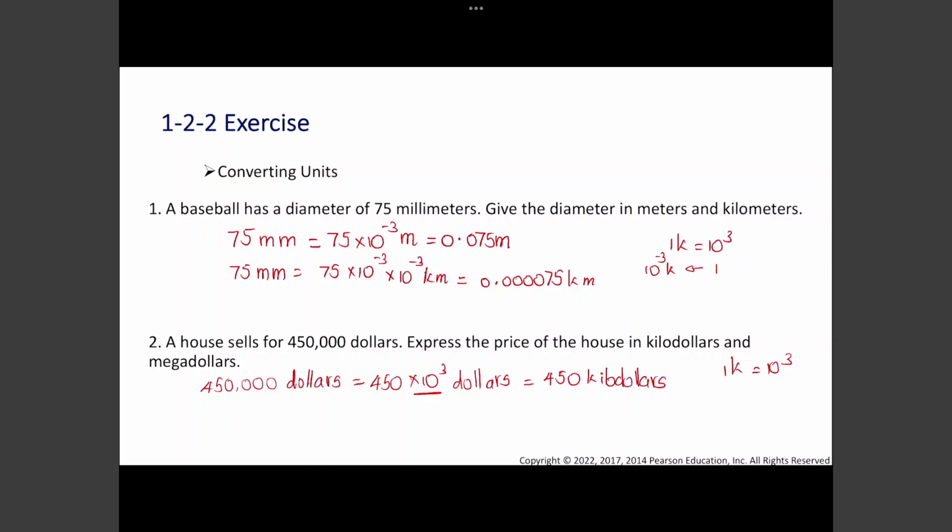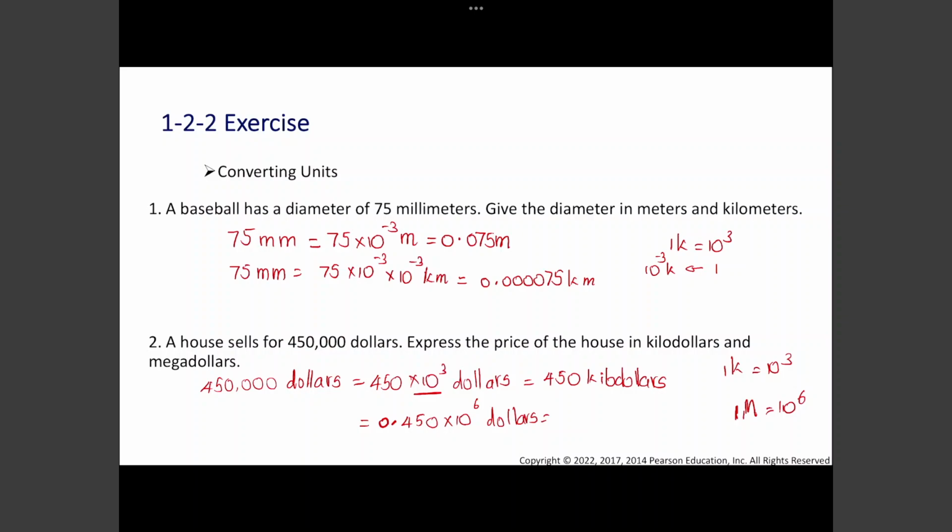Now we have to convert it into mega dollars. So what is mega? 1 mega, you can check the table, is equal to 10 to the power 6. So we can write $450,000 as 0.450 times 10 to the power 6 dollars, which is the same as $450,000.